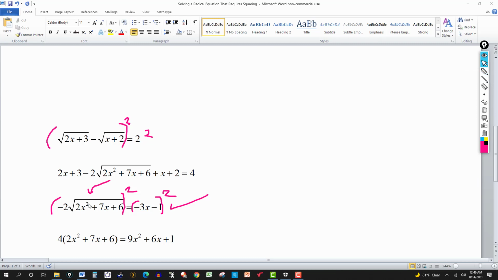And then, of course, the radical gets squared. That eliminates the radical, but it multiplies the square of negative 2, which is 4. So I have this in parentheses there. And then the square of negative 3x minus 1. You can ignore the negative, because you can factor out the negative, and that gets squared. So you wind up with 9x squared plus 6x plus 1.